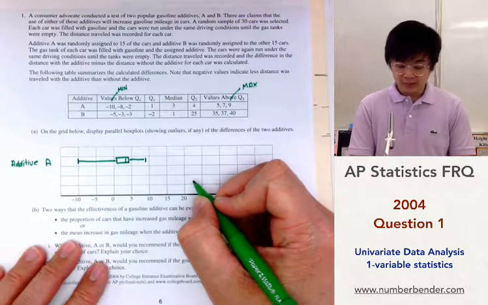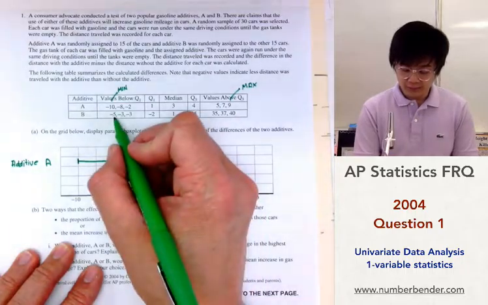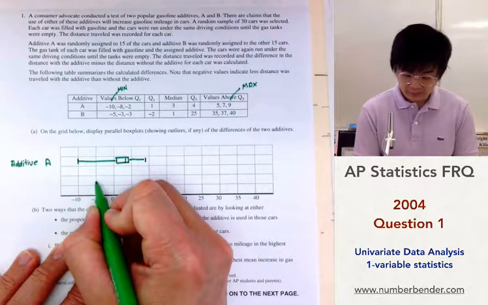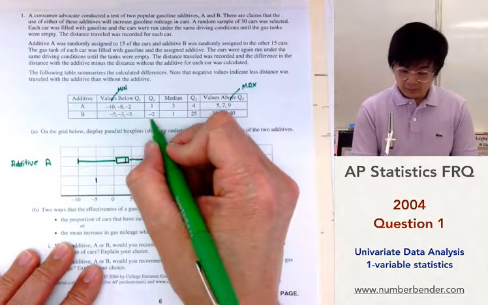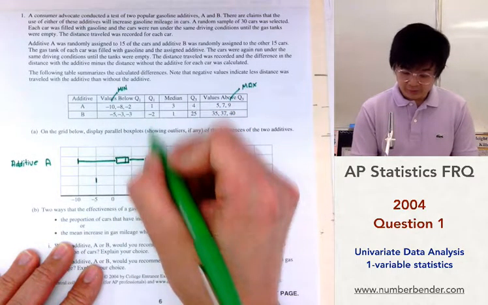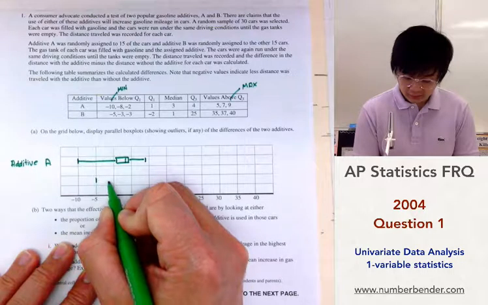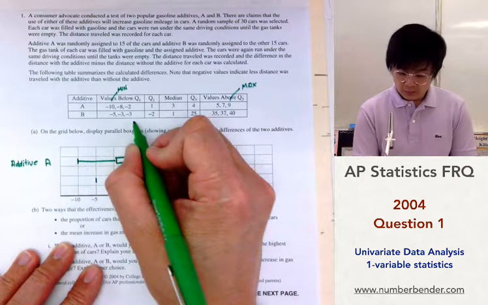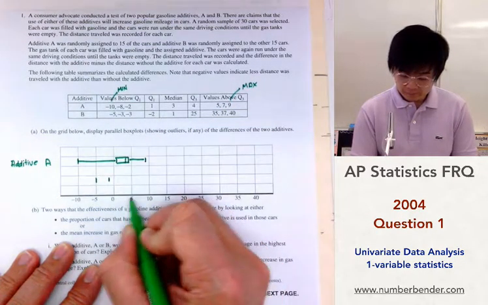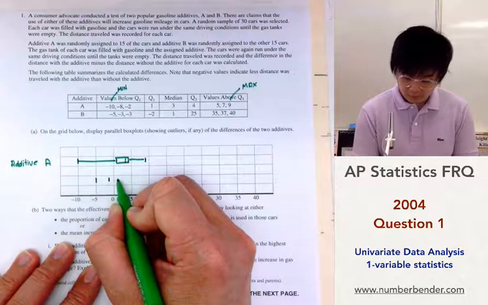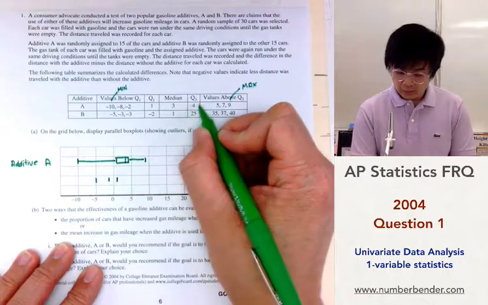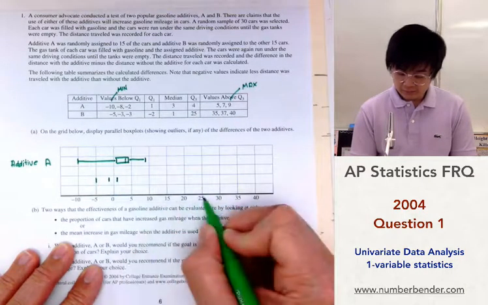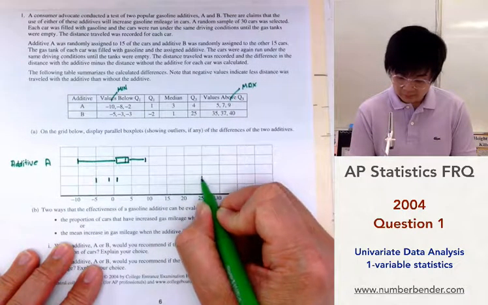And for additive B, we're going to start with -5. So this is -5. Q1 is at -2, somewhere here. The median is at 1, so somewhere here. Q3 is at 25, so it's somewhere here.